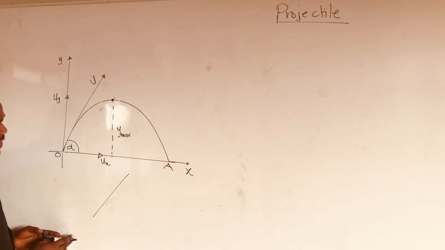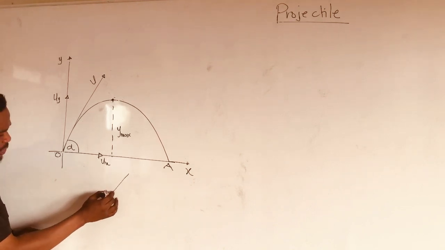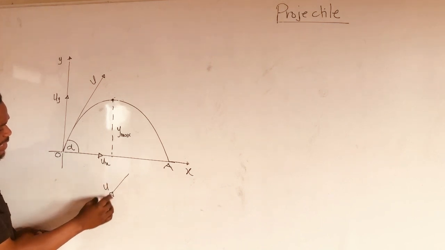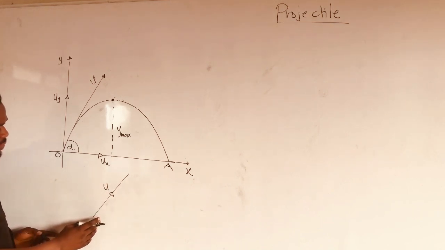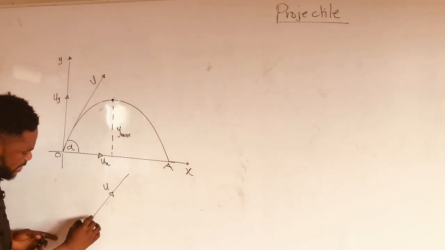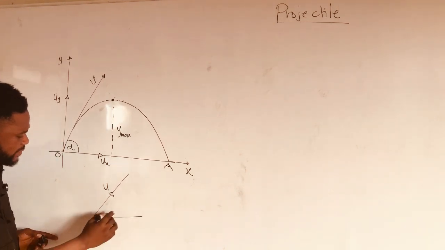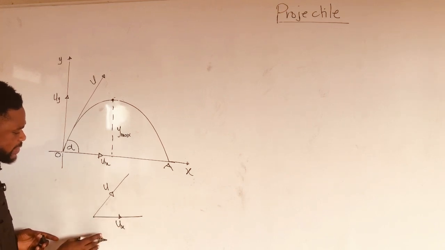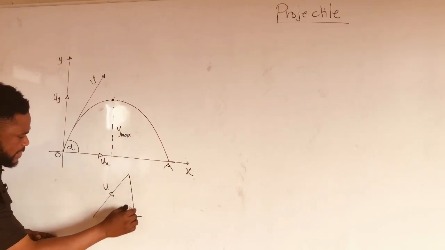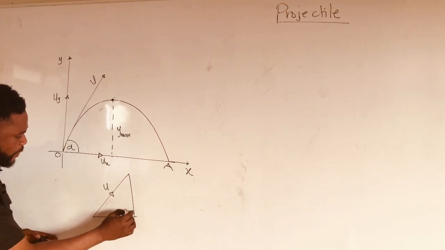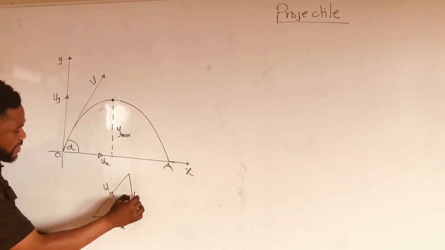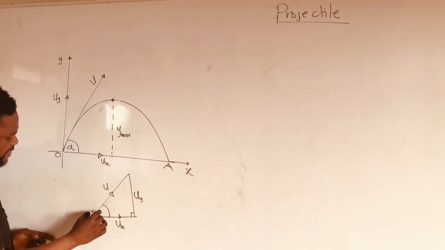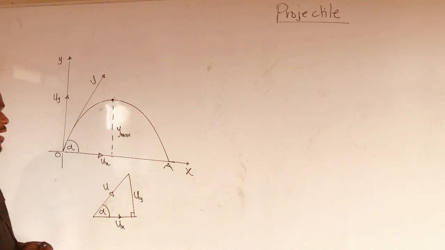So this is the movement of the body with an initial velocity u, all right, and the body moves in a horizontal direction with an initial velocity ux, and this is the vertical direction with an initial velocity uy, all right, and the angle of projection is given as alpha.